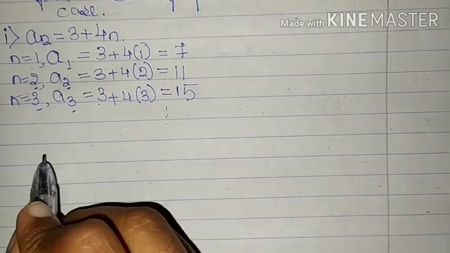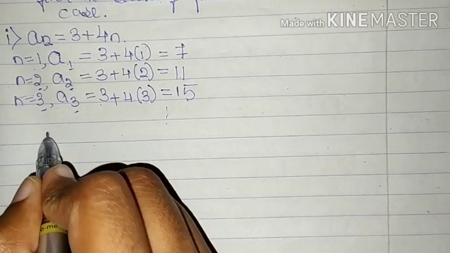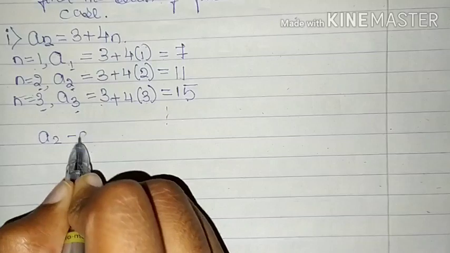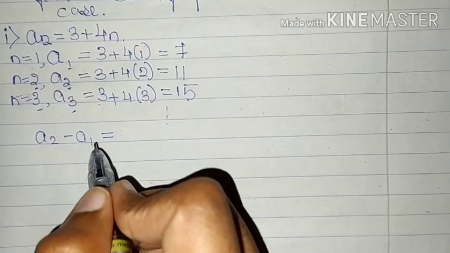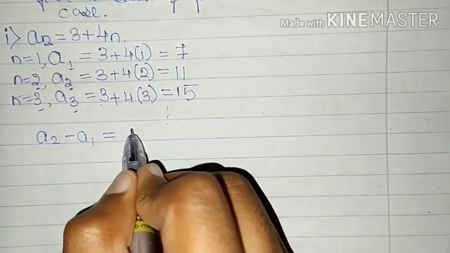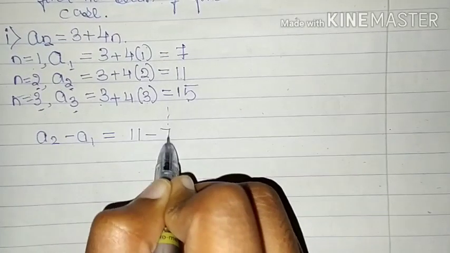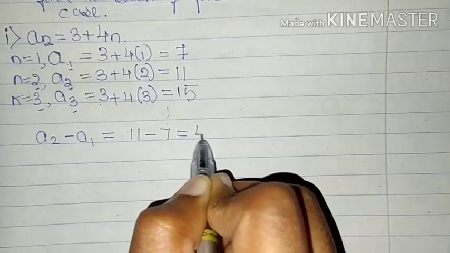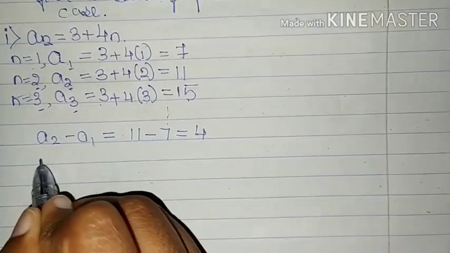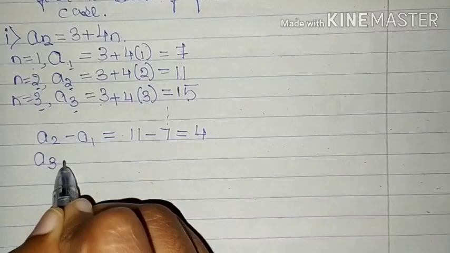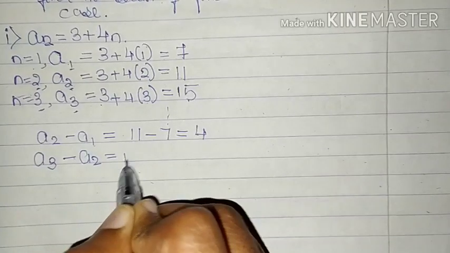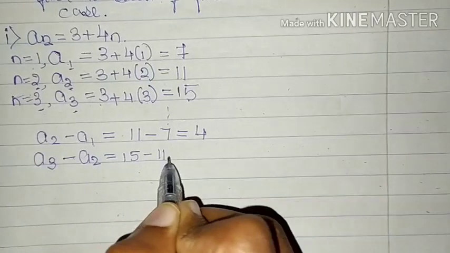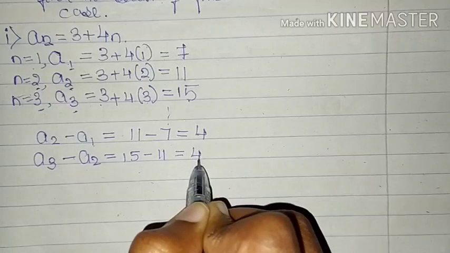So here, starting from the first two terms, a2 minus a1, a1 is nothing but the first term a. a2 minus a1 is equal to 11 minus 7, which is equal to 4. Similarly, next two terms, a3 minus a2, which is nothing but 15 minus 11, which is equal to 4.